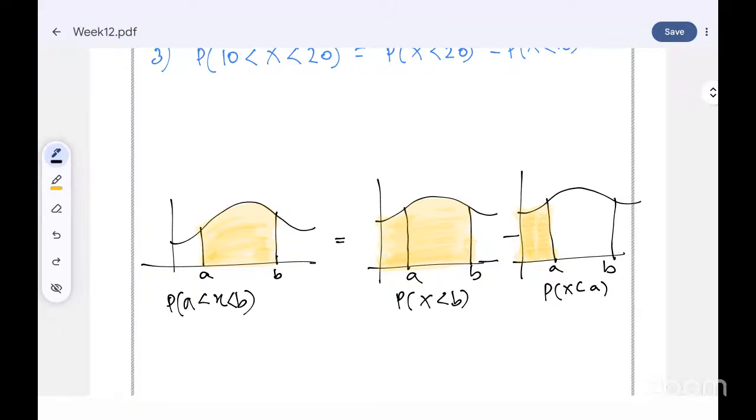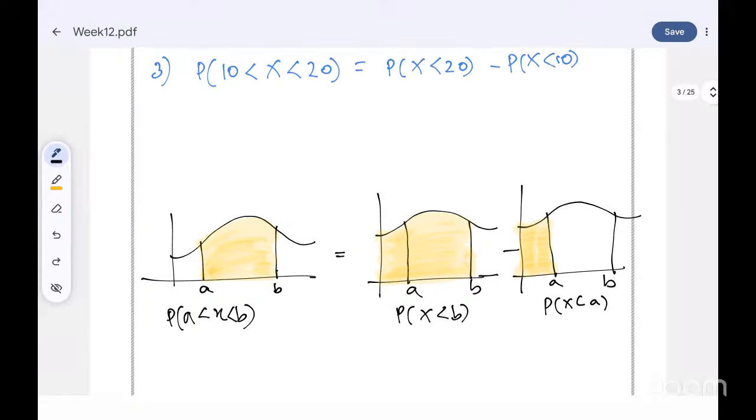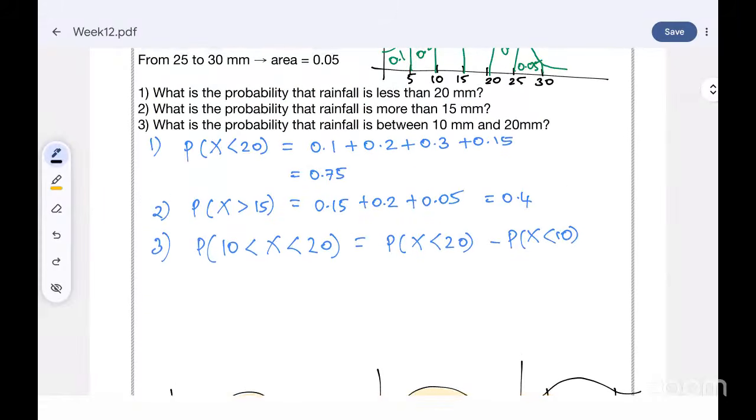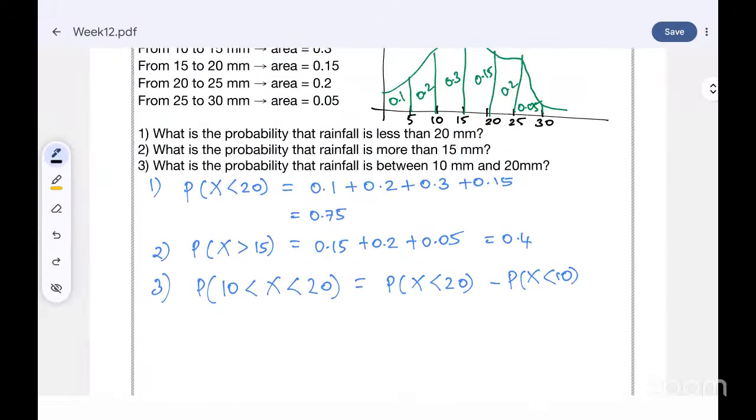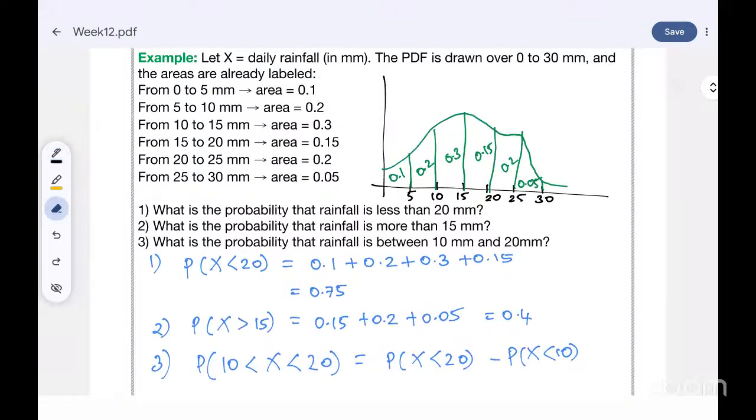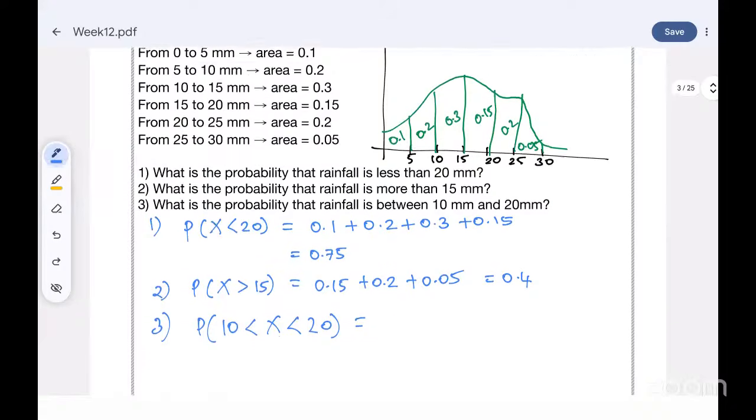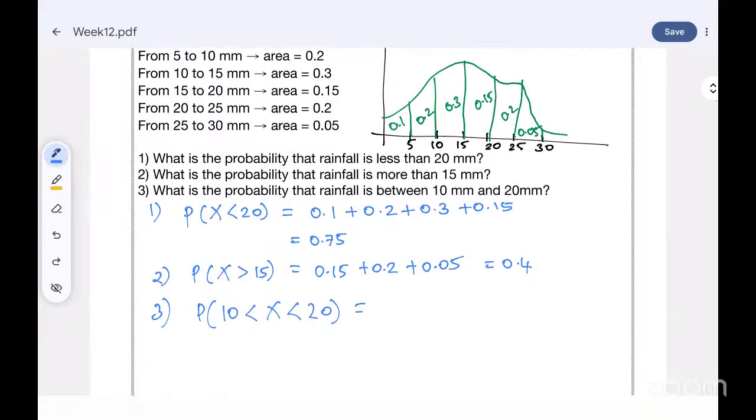If we use this concept, we can find it, or in this case we don't even have to, since the values are specifically given. Directly, we can look at the figure. If you find it directly from the figure, what will you get? 0.45. 0.3 plus 0.15, right? So 0.45.